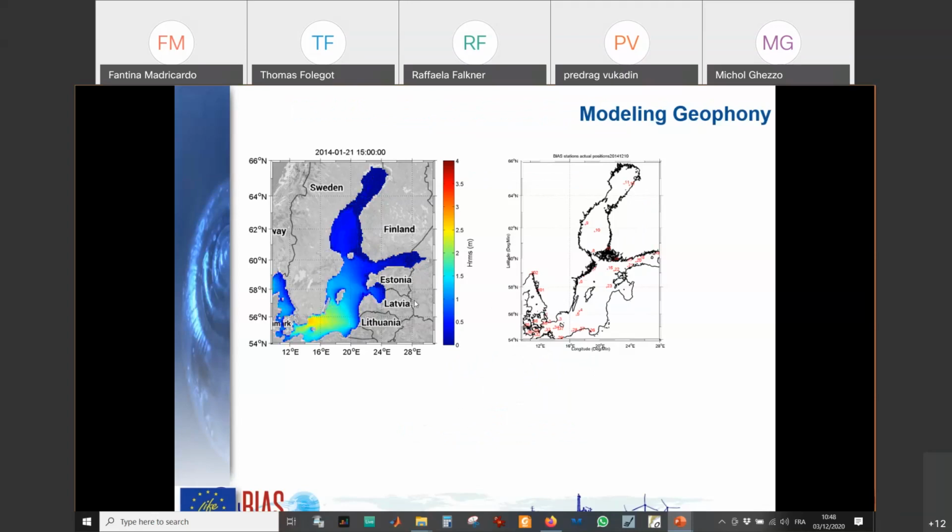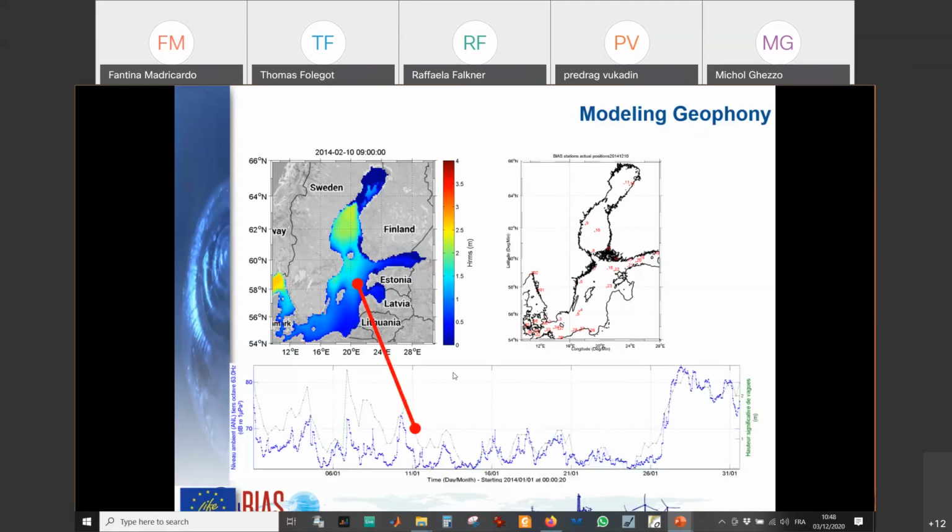Here on the left, you have a video of the distribution of the surface waves versus time and space in the area. So you can see that sometimes you have some windy events and it will decrease and move. And we had access to the measurements here. It was 40 stations across the Baltic Sea.